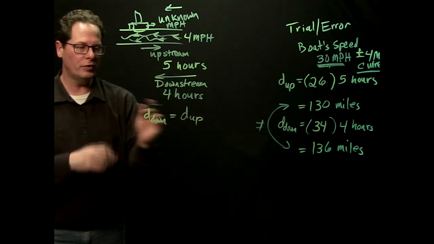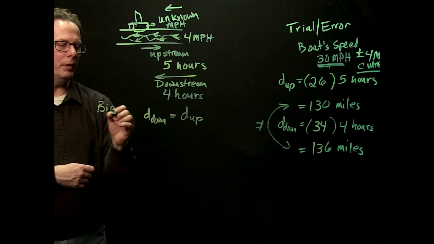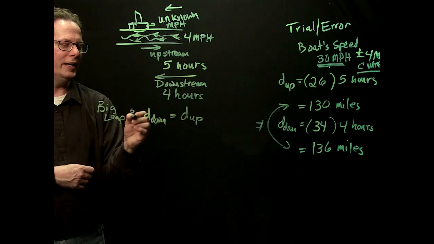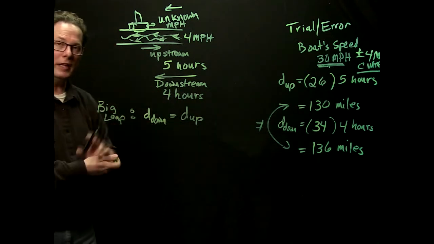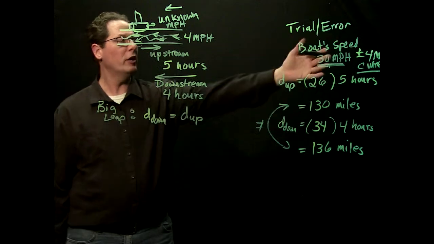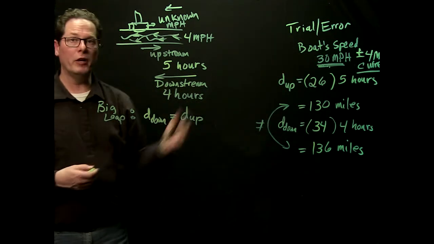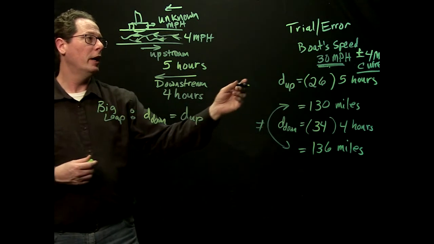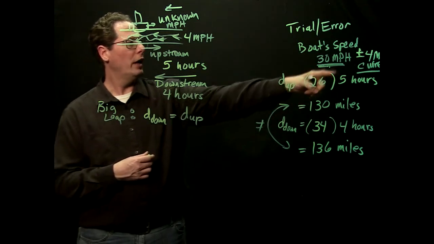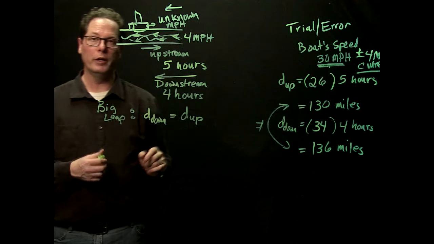And this is a really subtle, I would call this the big leap. If you don't have this information, you can't get at what is the issue. So 30 miles per hour is not correct. If you tried it with 35 miles per hour, it actually does a little bit better. So if you did 35 and you add 4 and subtract 4, it gets pretty good.